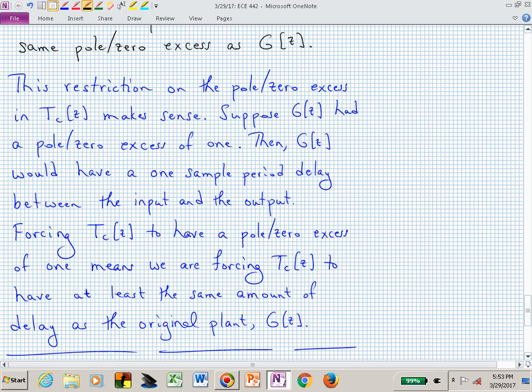If it's a pole zero excess of 1, it has 1 sample period delay between the input and the output. If that was what our plant started with, what we're saying is we can't make that be 0 with t sub c of z. So we can't make our output become instantly seen when we apply an input. That would be a pole zero excess of 0. So with this restriction, we're avoiding that happening.